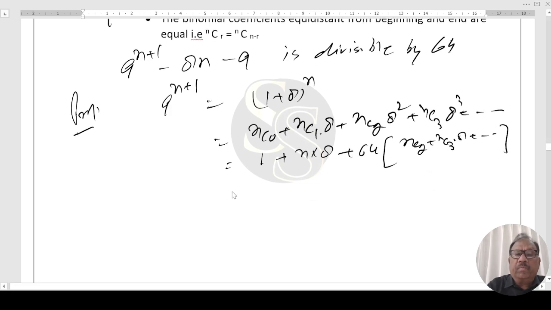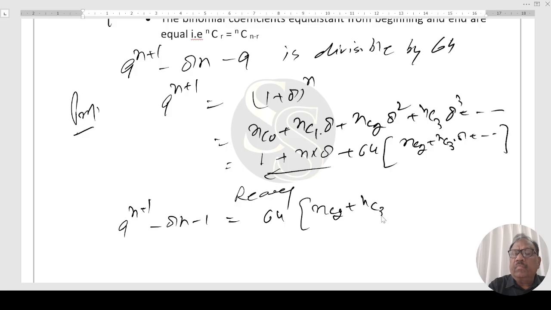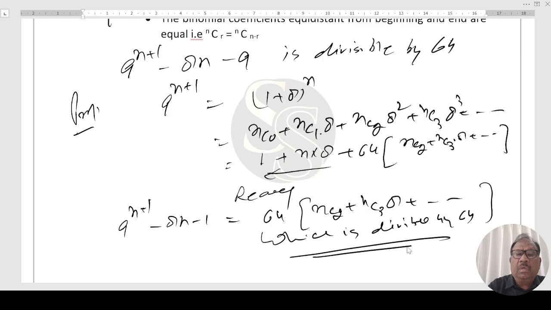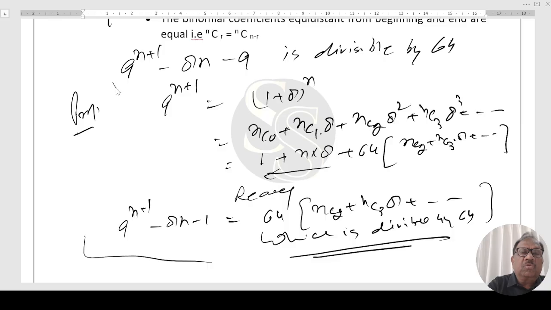Now, rearranging, 9^(n+1) − 8n − 1 equals 64 times (nC2 + nC3 8 + and so on), which is divisible by 64. Right? In such types of questions, generally break up the given power, try to simplify it, expand it and take the common factor which is required. Next question.